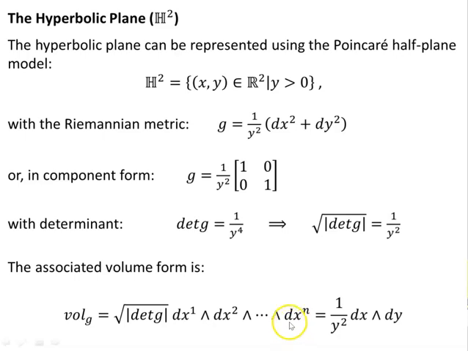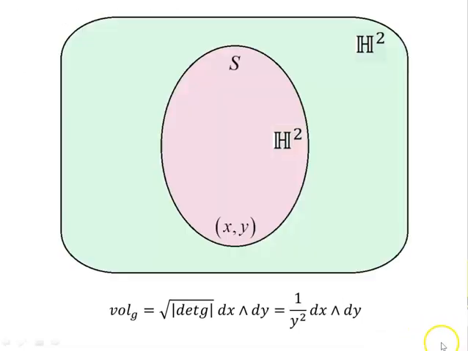That was the formula from earlier, but our coordinate system here is (x, y), so we have 1 on y squared dx wedge dy as our volume form in local coordinates. So here's H2, here's our set S and our local coordinates (x, y), and our volume form is 1 on y squared dx wedge dy, for whatever metric we have.